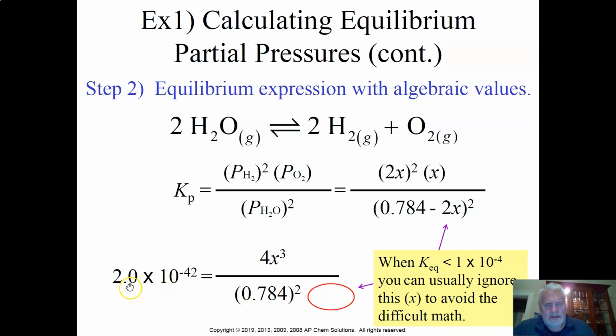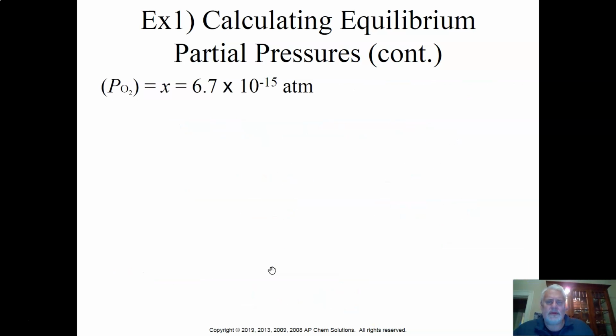Again, strongly recommend using the EE key, 2.0 EE negative 42 as you're solving the problem, and you multiply it by this squared, and you're going to have to do a cubed root function. So make sure that you know how to do all those things, and when you do that, you should get an x value of 6.7 times 10 to the minus 15th atm, because it's partial pressure, remember.